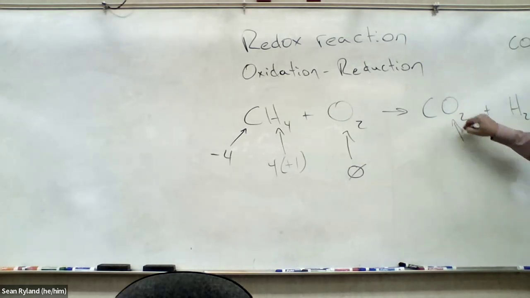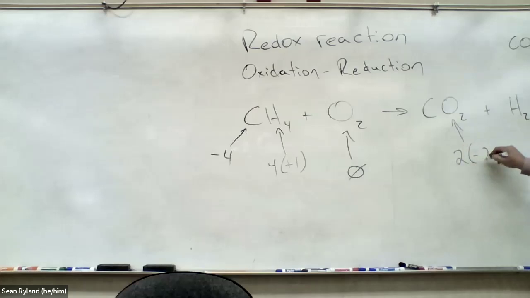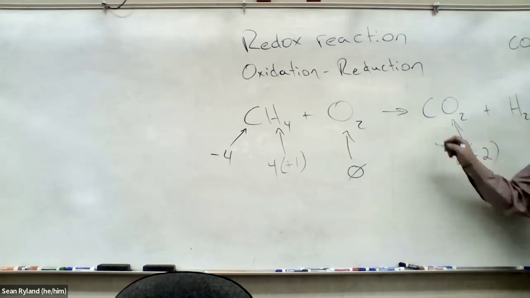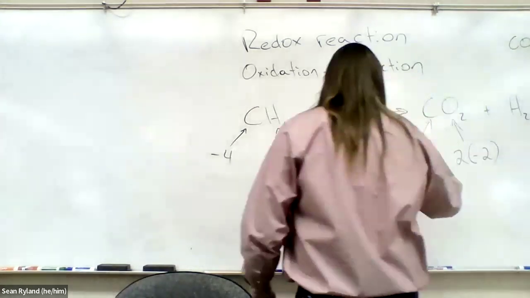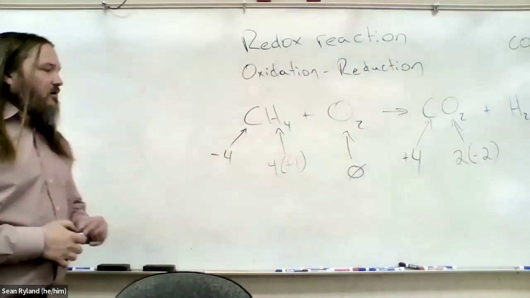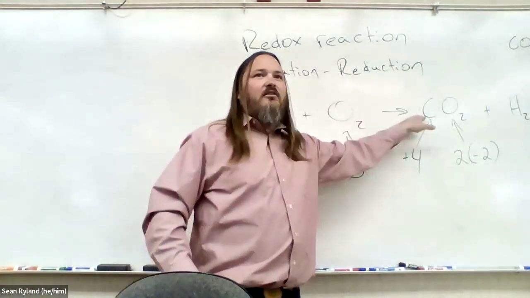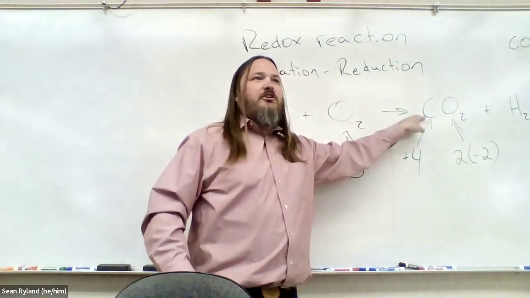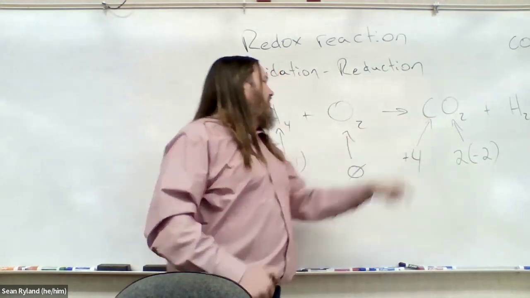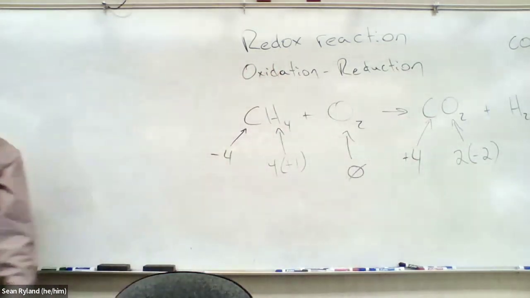So if there are 2 oxygens and they're both -2, what does carbon have to be? +4. So if your carbon went from -4 to +4, the charge changed. It lost electrons to do that.